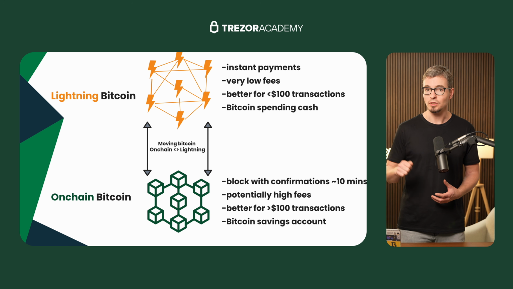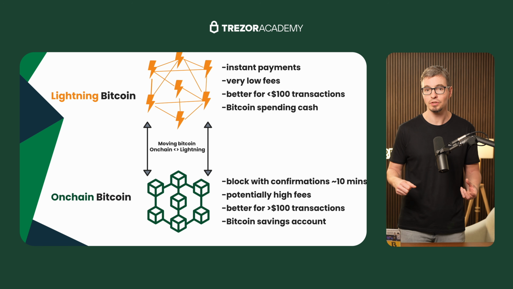So you just pay the merchant, the restaurant owner, and the restaurant owner is going to receive the payment in a couple of seconds, so you don't need to wait around for anything. In terms of on-chain Bitcoin, the recommendation is to use it for larger transactions because it's the full settlement layer where everybody keeps a copy of the transaction, and you don't actually need that level of safety, that level of reassurance, for smaller transactions.